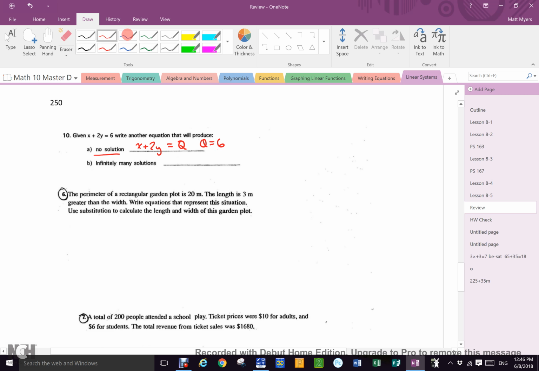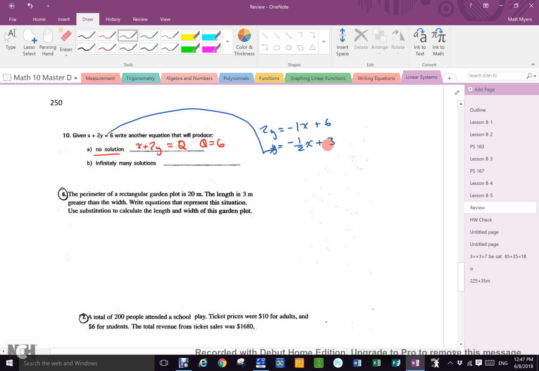Now, some of you probably did this. Oh, wait, I know it has to do with slope, so I'm going to isolate y equals negative 1x plus 6. Y equals negative 1/2 x plus 3. So this line is that line, right?